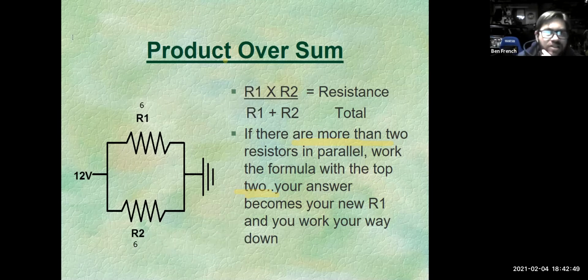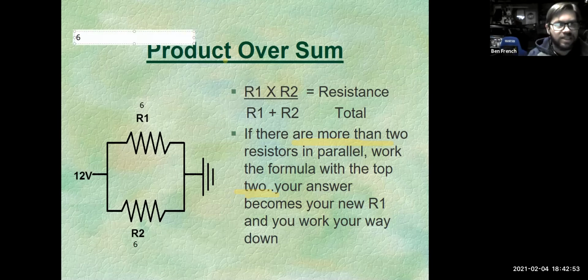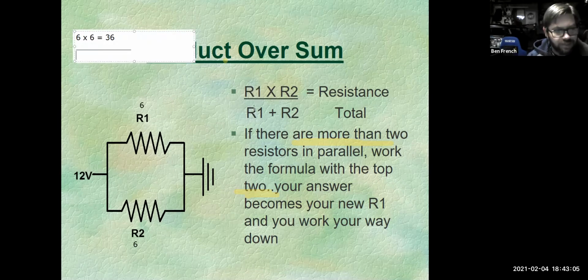Here's what I would do: I've got 6 ohms times another 6 ohms. What's that going to equal? That's going to equal 36. That's over 6 ohms plus another 6 ohms. What does that equal? That equals 12.